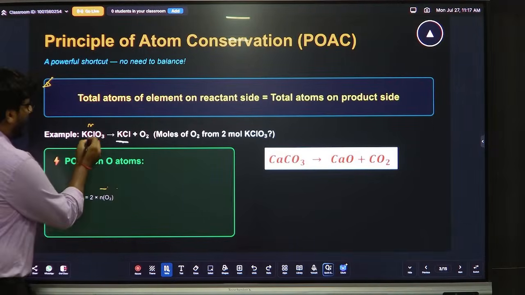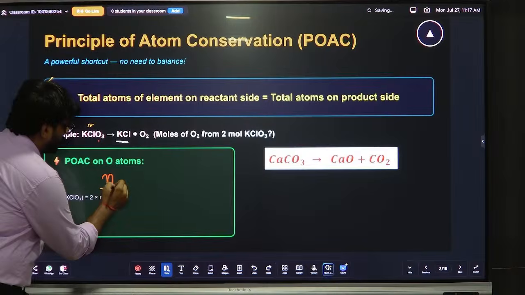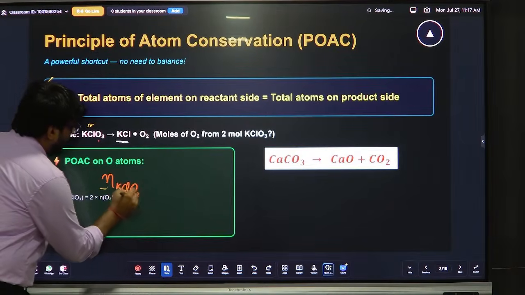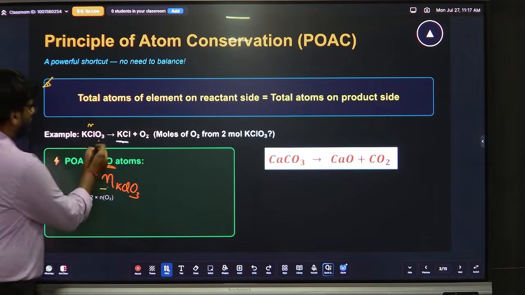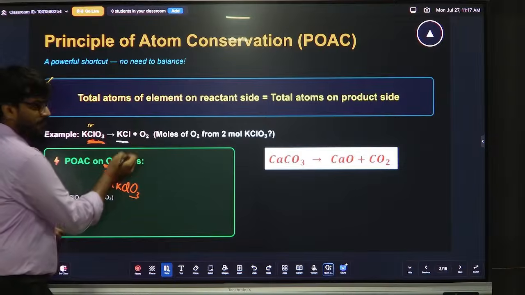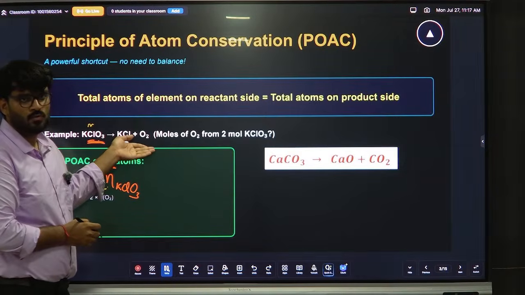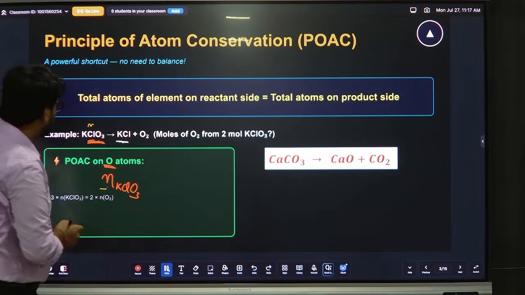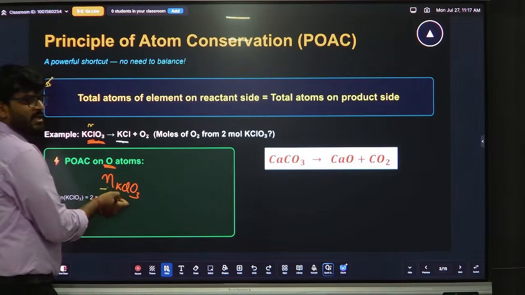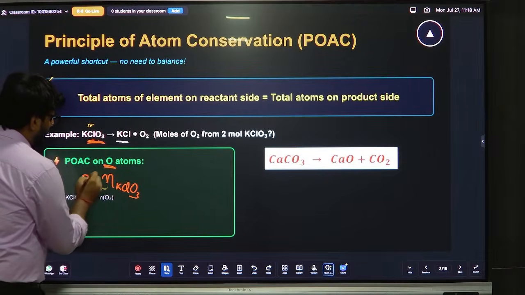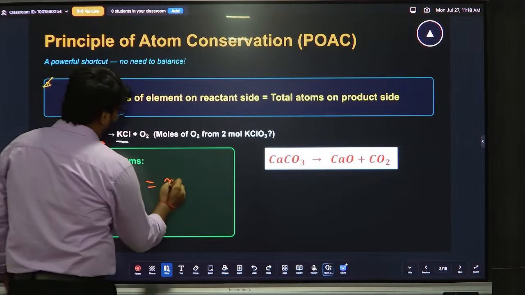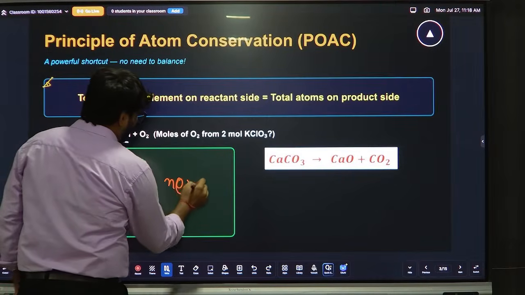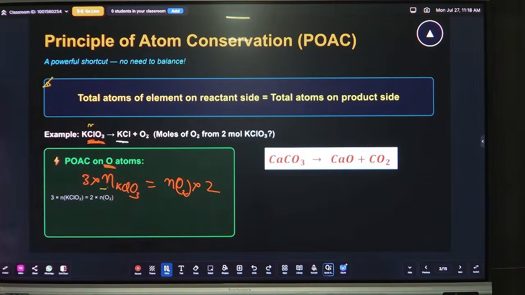Let's say I have n moles of KClO3 and I am balancing the number of oxygen atoms. Whatever oxygen atoms I have here, let's say 3, I should have 3 over here also. So the number of moles of KClO3 multiplied by 3 is equal to the number of moles of oxygen multiplied by 2.